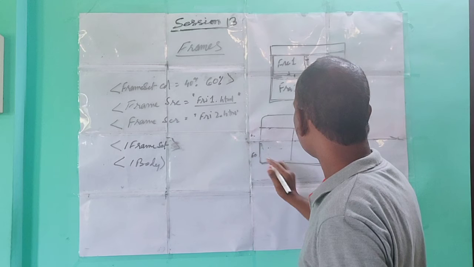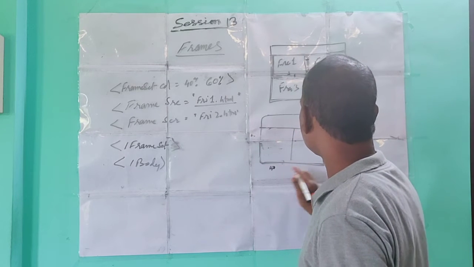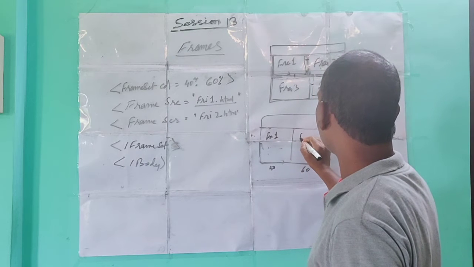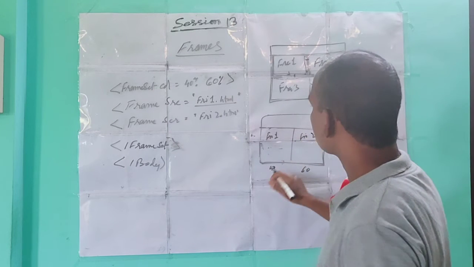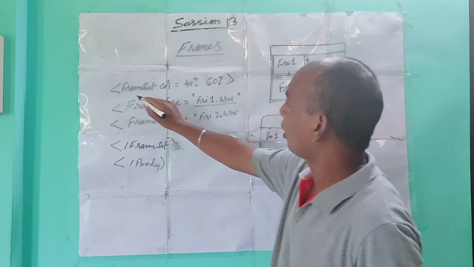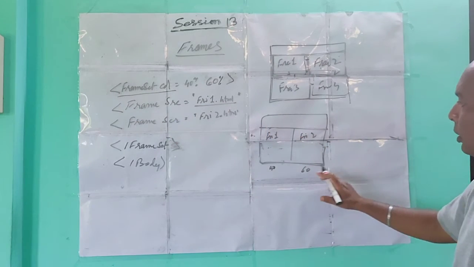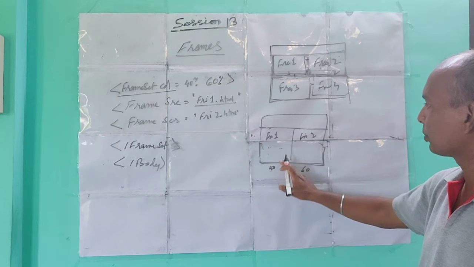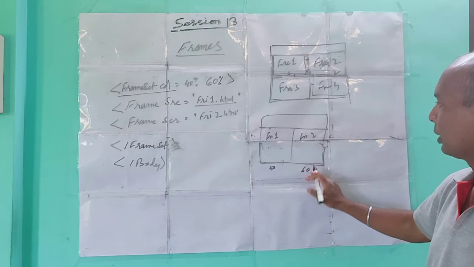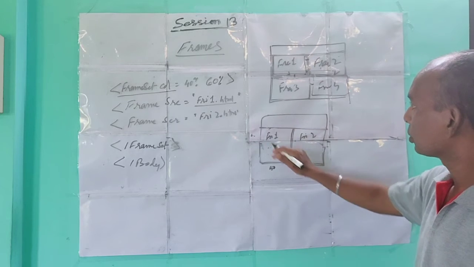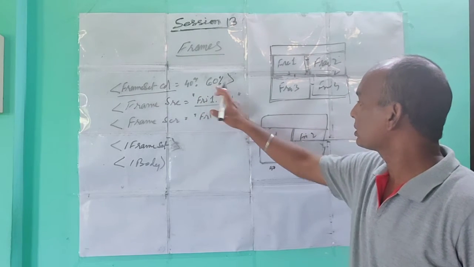This is 40% and this is 60%. This is fri1, fri2. So this frameset cols divides the screen on the basis of column. The first part will take 40% of the whole screen, and the second part will take 60%. So total 40 plus 60 is 100.